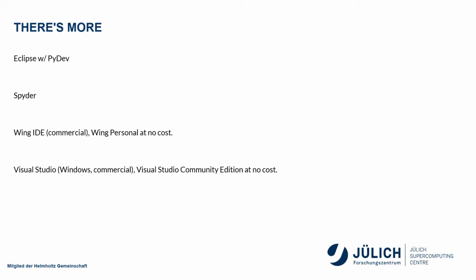Under Windows, Visual Studio, and especially Visual Studio Community Edition is free. You can use it for open source projects, but you couldn't use it for your work. If you are being paid for what you do and it's not open source, you cannot use the Community Edition.